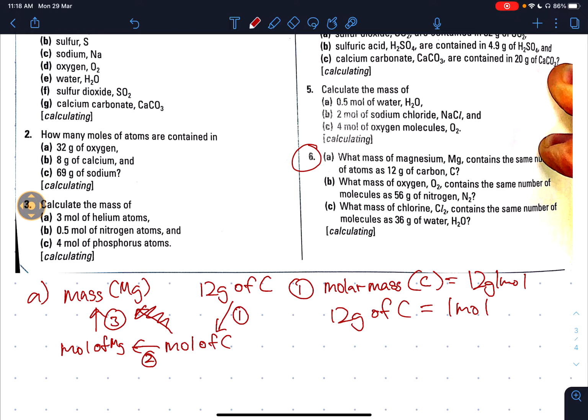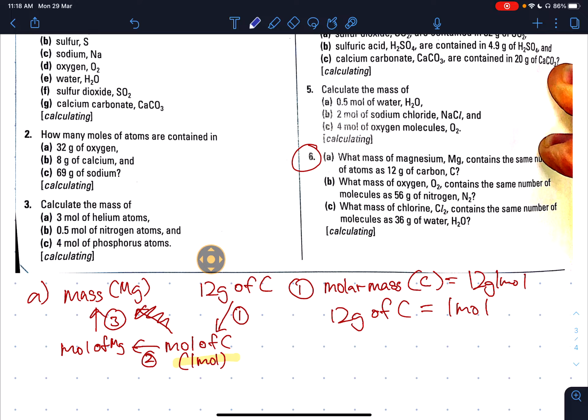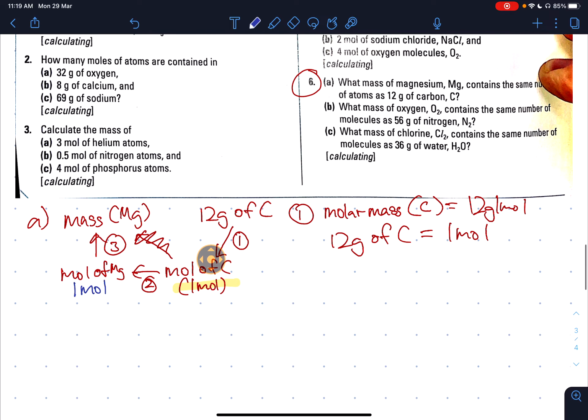You can see here I have 12 grams of carbon, so the number of moles of carbon is 1 mole. Let me write here and change the color to blue. The question says the same number of atoms, so I also have 1 mole of magnesium. Now I want to find out the mass of magnesium, right?